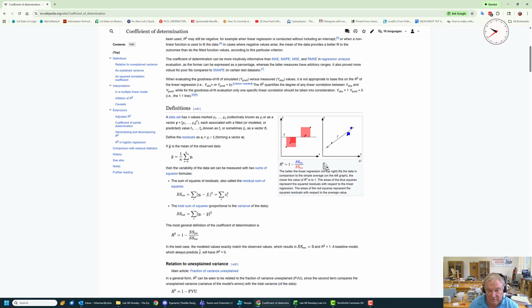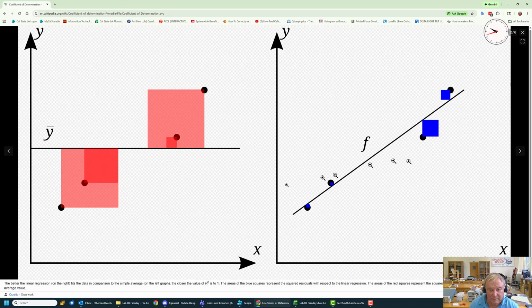What we do is we get the average value of the data, which would be a flat line, a single value. And then we look at the residuals from that. These are the residuals, and it's residuals squared, remember, that's why they're boxes. So these things have areas, right? We sum up those areas.